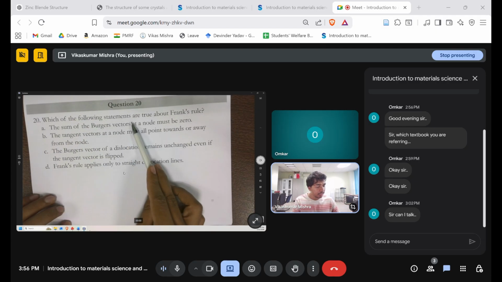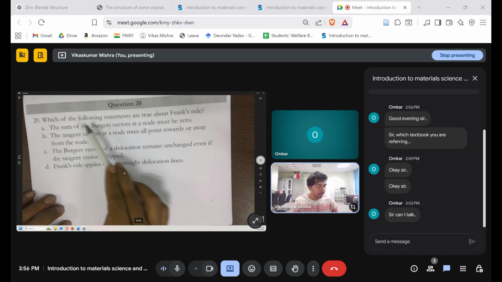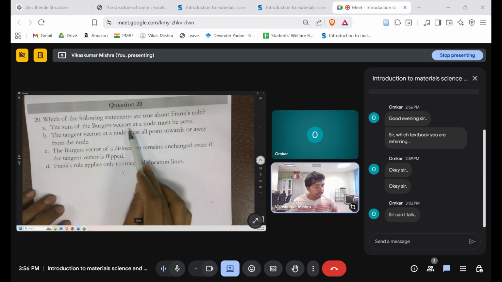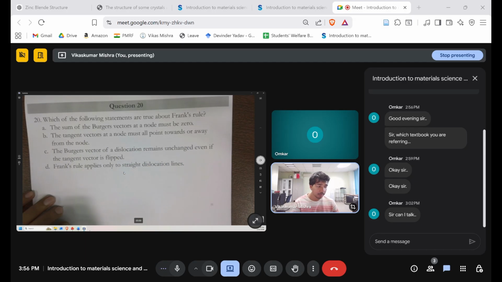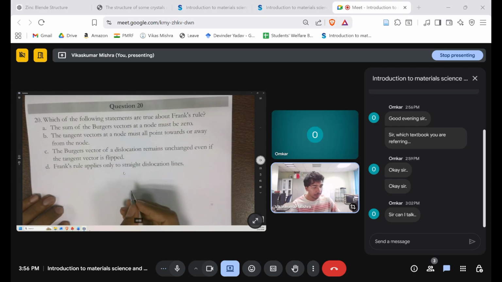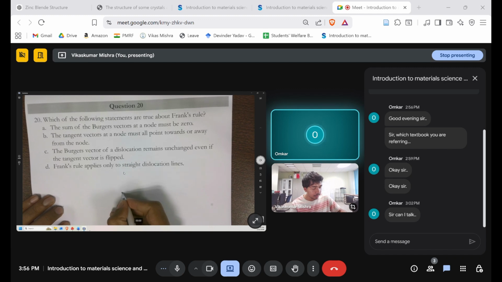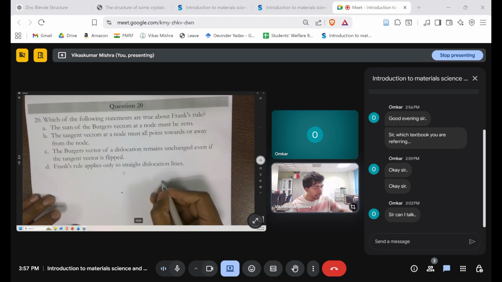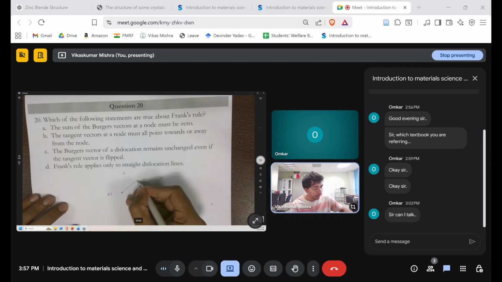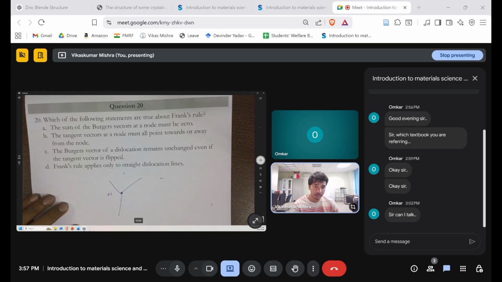Which of the following statements are true about the Frank rule? The sum of the Burgess vectors at the node must be 0. What do you think? I don't know, sir. Frank rule says that at any node, let's say this is a dislocation line, this is another dislocation line, which are meeting at the node, and here is another dislocation line.